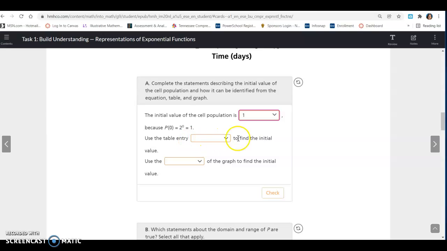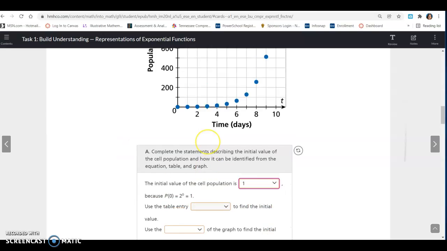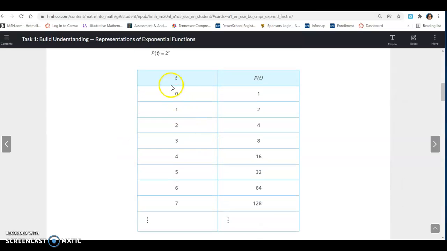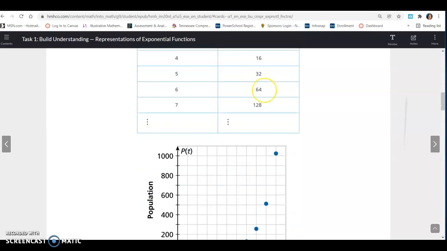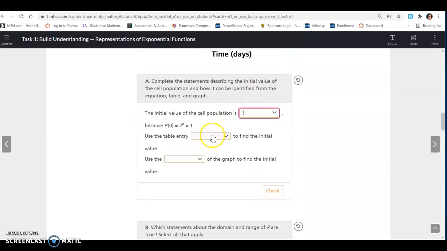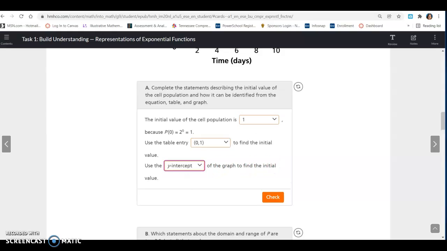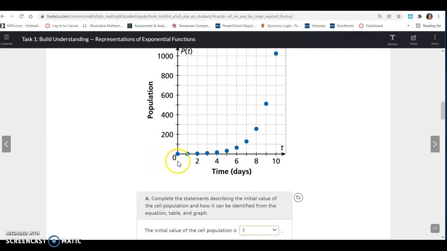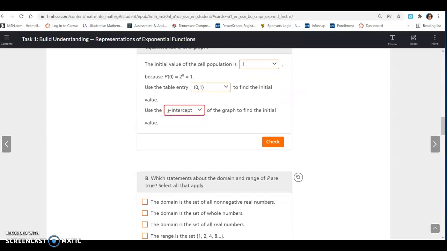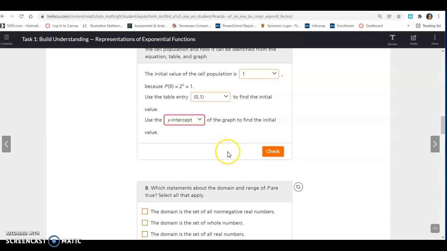Use the table entry to find the initial value. So if you look at the table value, the initial value is at 0, 1. And it says use the y-intercept of the graph to find the initial value. So, okay, the y-intercept, remember, 0, 1, this would be your y-intercept. That would be your initial value. So it's not your x, but your y-intercept is always your initial value.